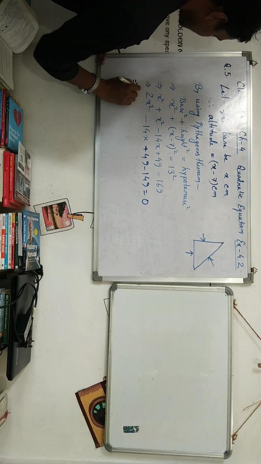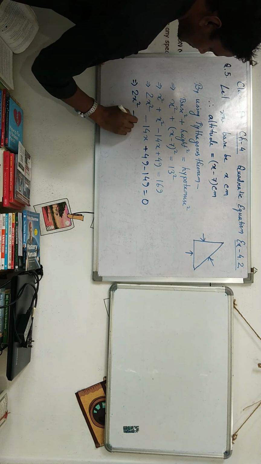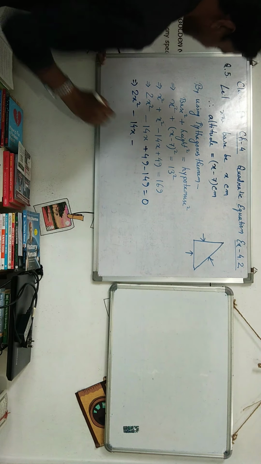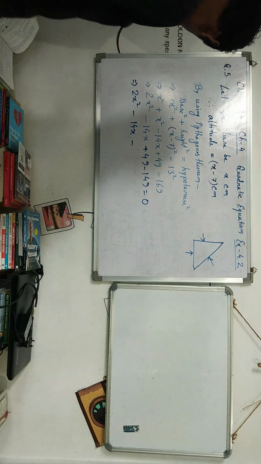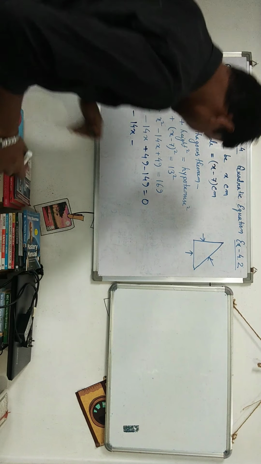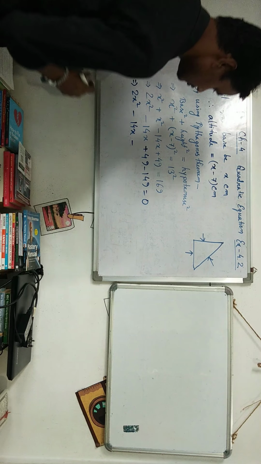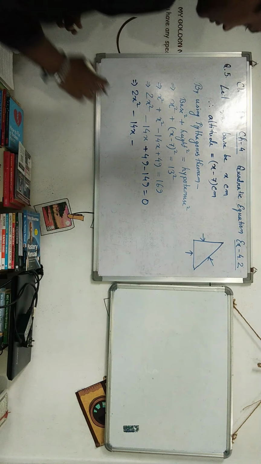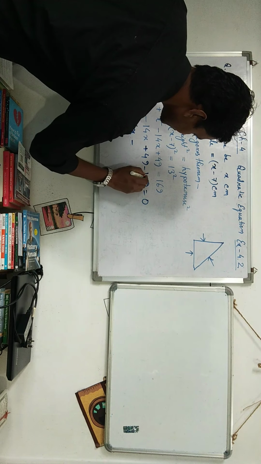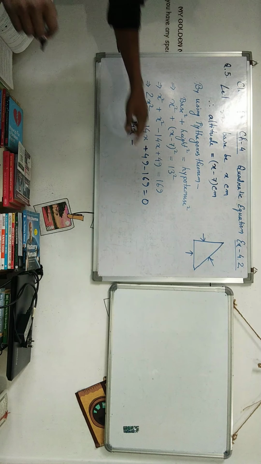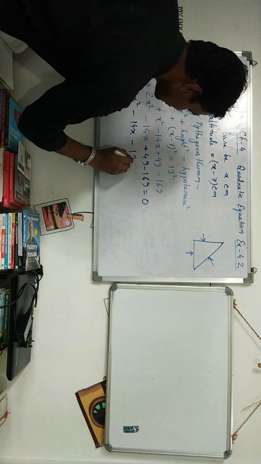So this implies twice x square minus 14x, and 49 minus 169, sorry, 169 minus 49, it will be 120.